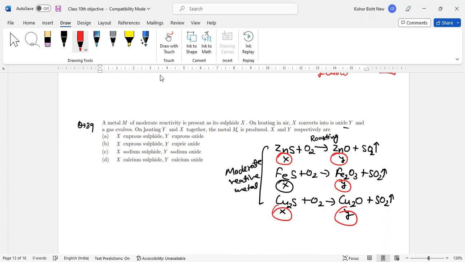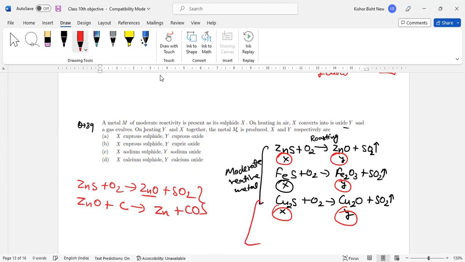In the case of separating the metal, ZnS plus O2 first forms ZnO plus SO2, and after the metal oxide we require ZnO plus carbon, used as a reducing agent, and then Zn. Here again X and Y only in the case of purification of copper. So Cu2S plus Cu2O react together and they form Cu plus SO2.